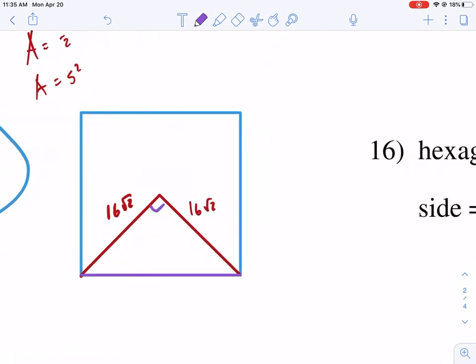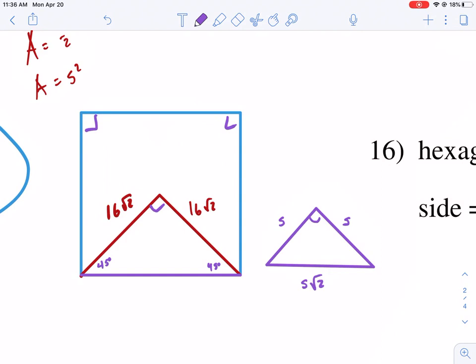I have 90 degrees here, and this is split, so this is 45. So this is a 45, 45, 90 reference triangle. I'm a little perfectionist here. Okay, there we go. Then I know the relationship is the hypotenuse is side radical 2.